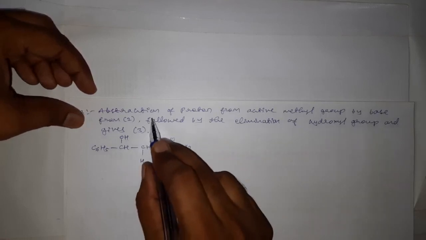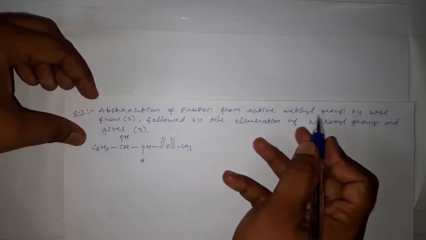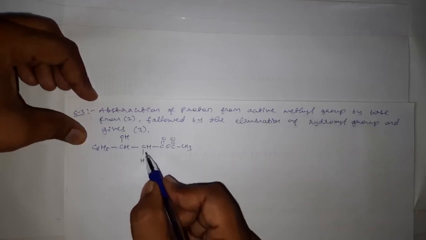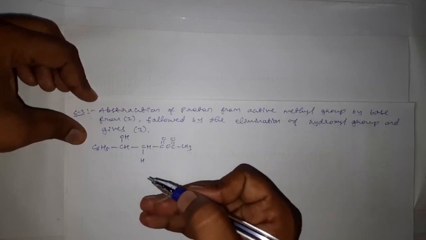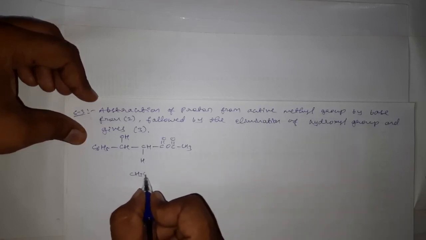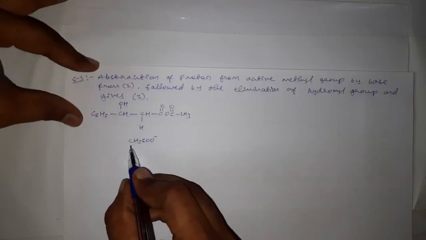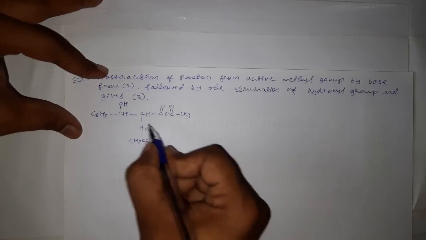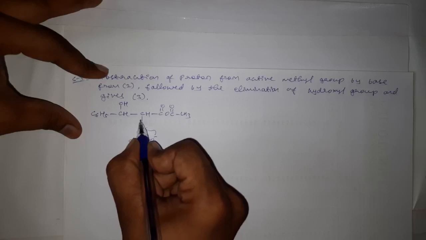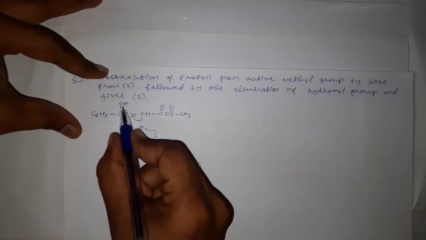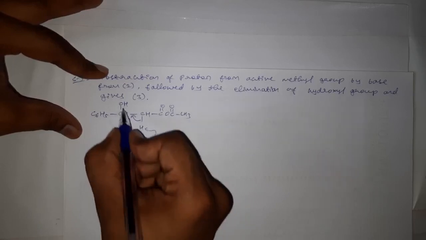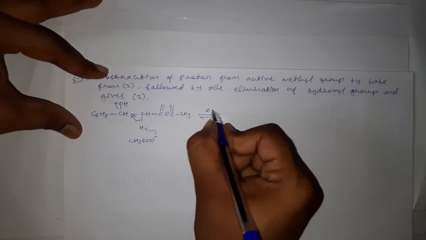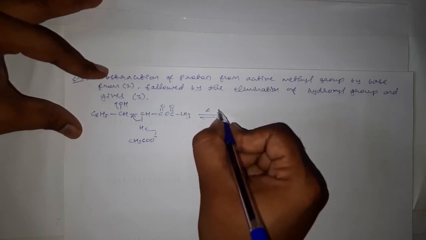Here, abstraction of proton from the active methyl group. Here this methyl group is an active methyl group, and the proton is taken off by the base, that is acetate ion CH3COO minus. This acetate ion abstracts this proton, and the bonded pair of electrons moves towards the carbon-carbon bond, and as this carbon would get 5 bonds, it becomes unstable and leaves, so we get a loss of the hydroxyl group, OH minus.